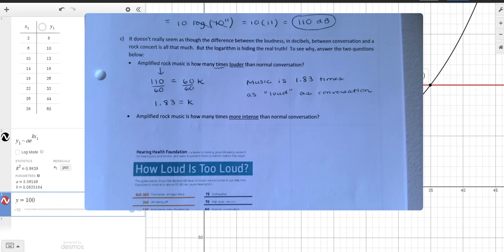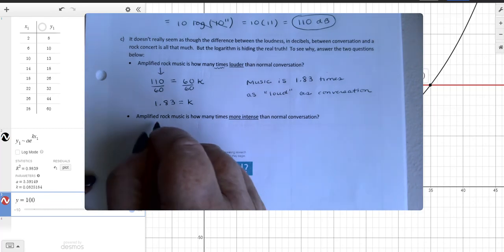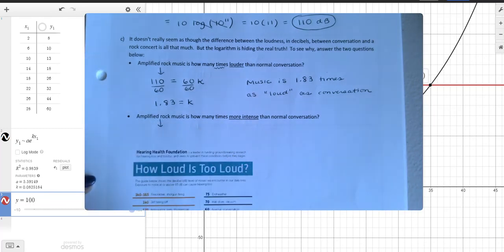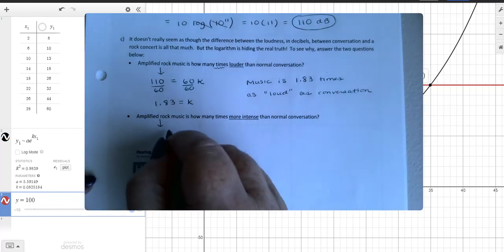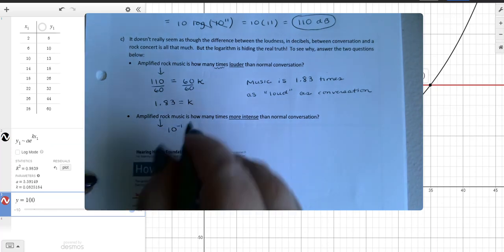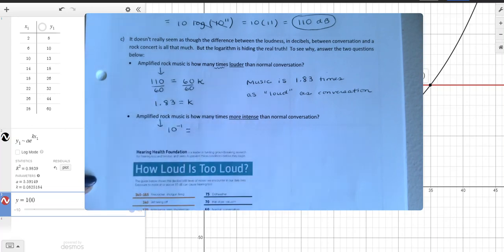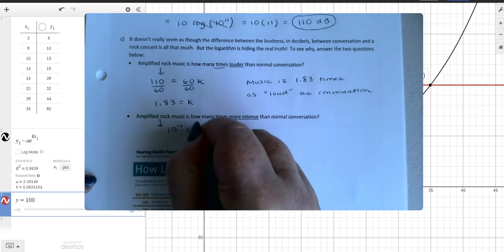All right. Another question is, amplified music here is how many times more intense than normal conversation? Well, let's see. The music intensity was 10 to the negative first. And normal conversation, the intensity was 10 to the negative sixth.